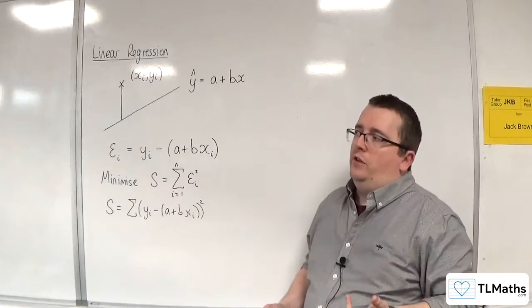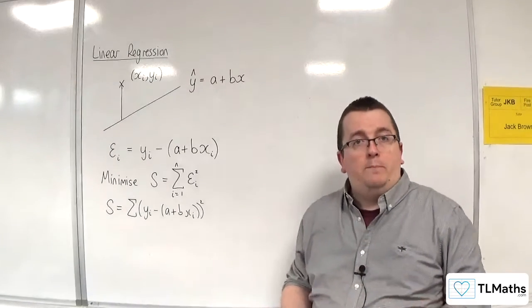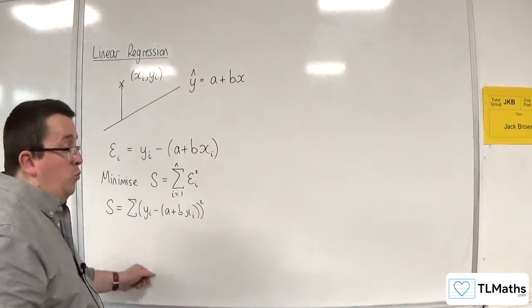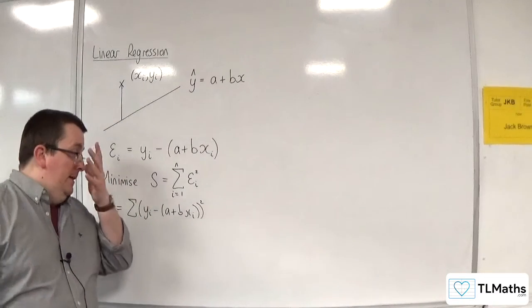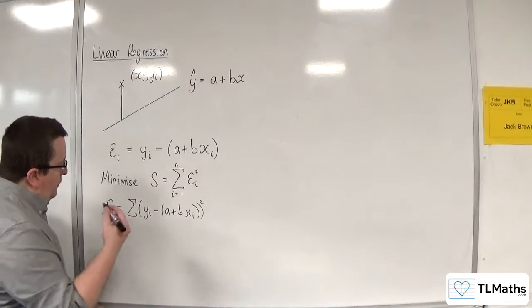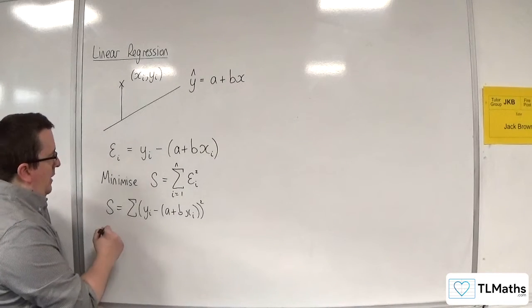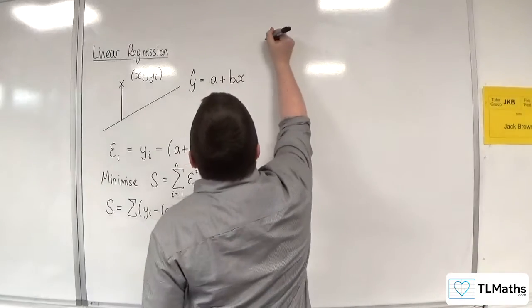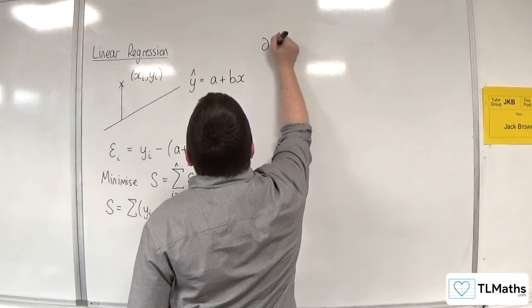But you might want to introduce here the idea of a partial derivative. Now, partial derivatives you won't have met previously, but essentially what a partial derivative is and how it's written is, where do I want to write this? Let's write it up here. So it's written like this.